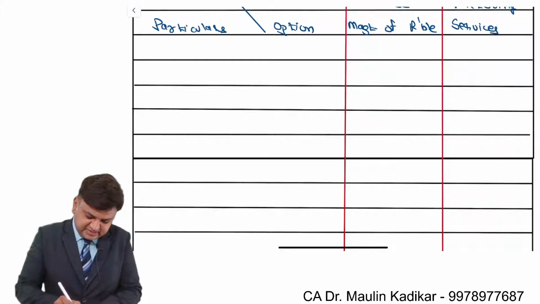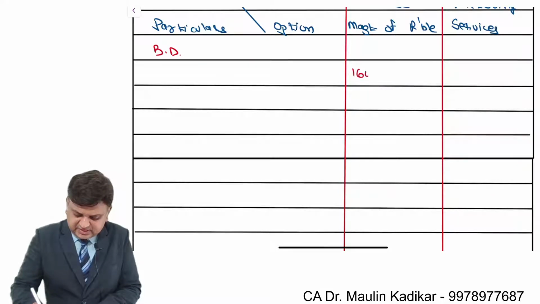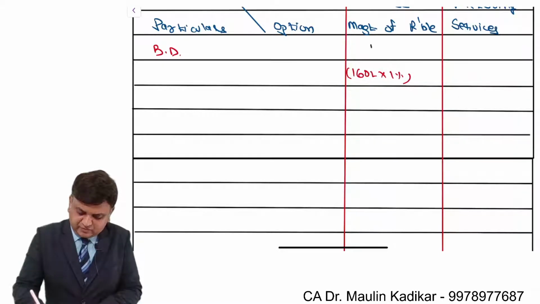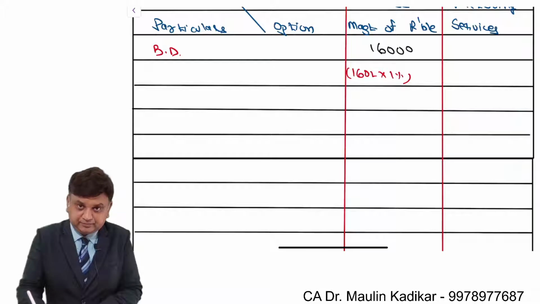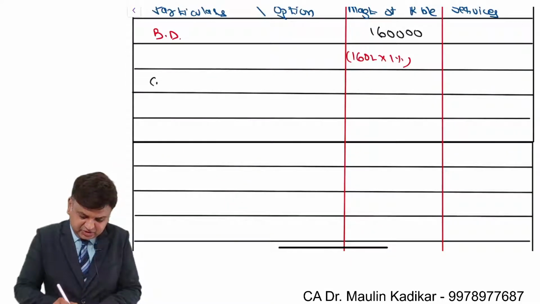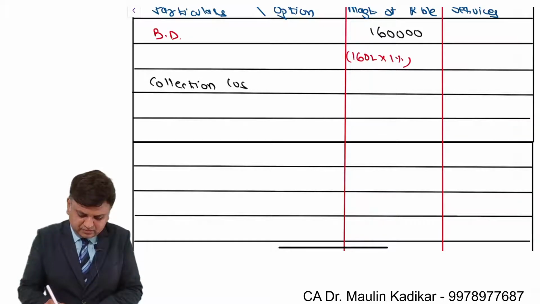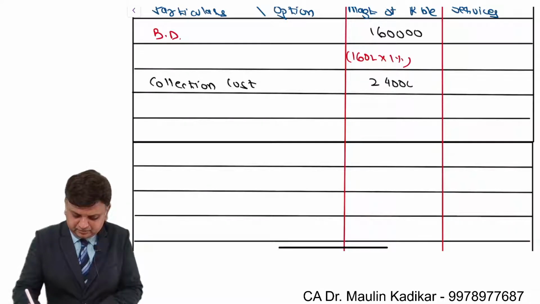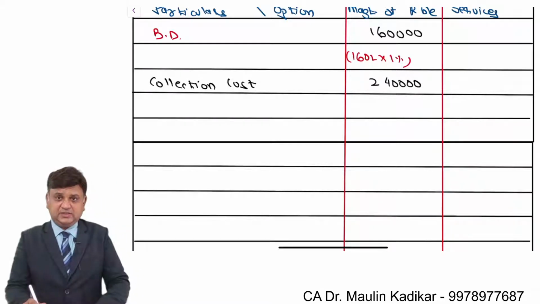So we start with the bad debts. It is 160 lakhs into 1%. That comes to 1,60,000. Next, collection cost or administration cost, it is 2,40,000.